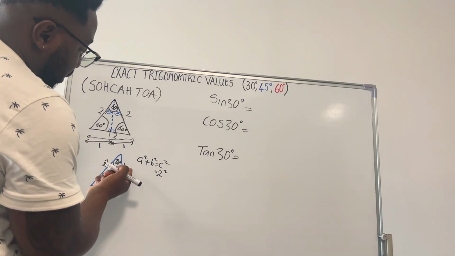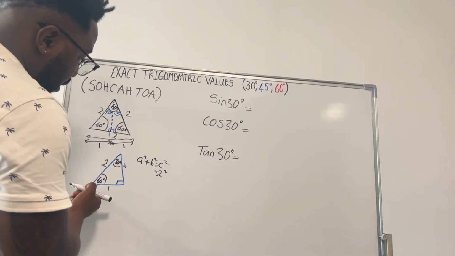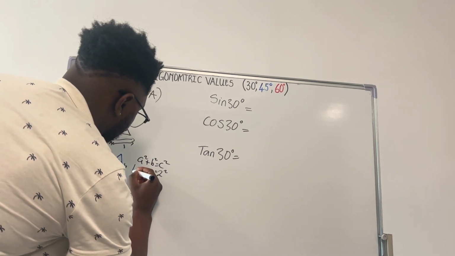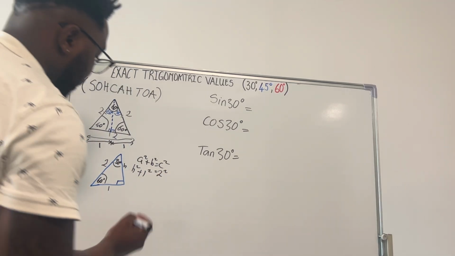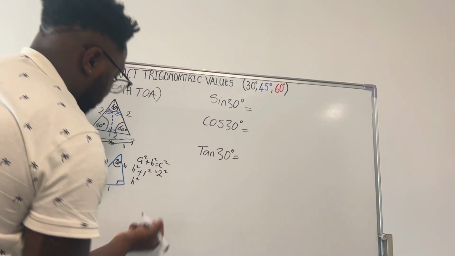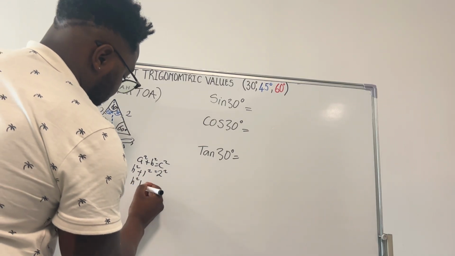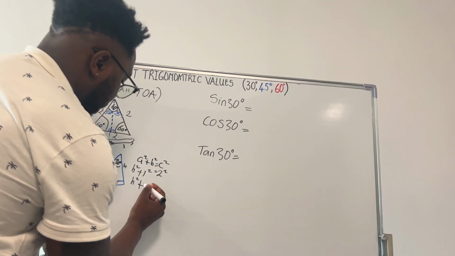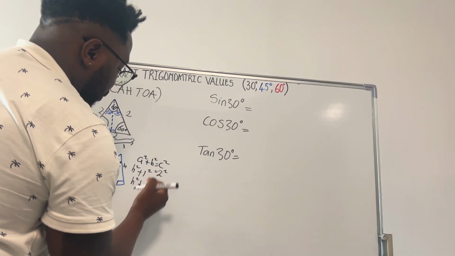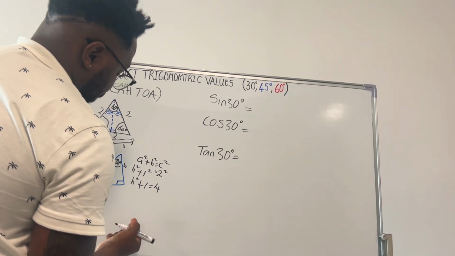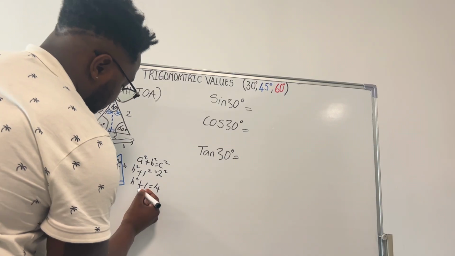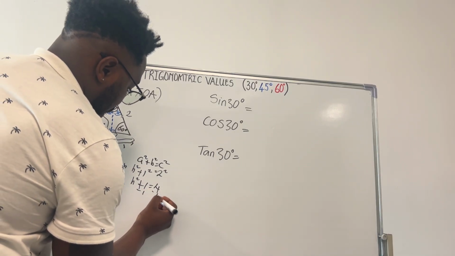So that would be 2 squared equal to. If this is my a and this is my b, my h will be h squared plus my b, which is 1 squared, right? So h squared plus 1 squared is 1, equal to 2 squared, which is 4, right? Okay, so now we isolate our h squared by subtracting 1.